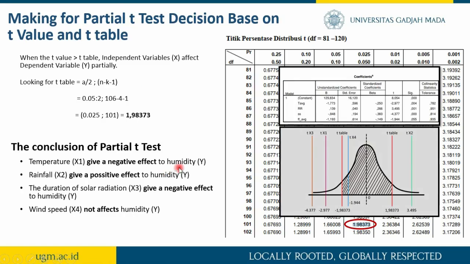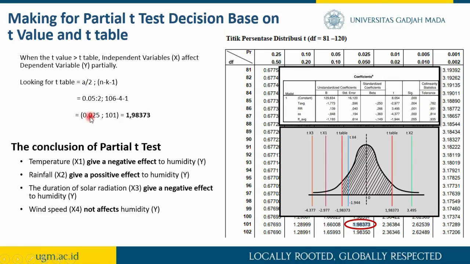On the other hand, we make the partial t-test decision based on the t-value and t-table. It says that when the t-value is more than the t-table, the independent variable affects the dependent variable partially. For looking up the t-table, we use this formula, and this is alpha. Alpha is 5%, divided by 2.